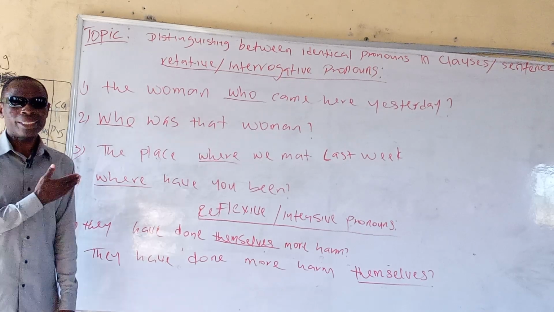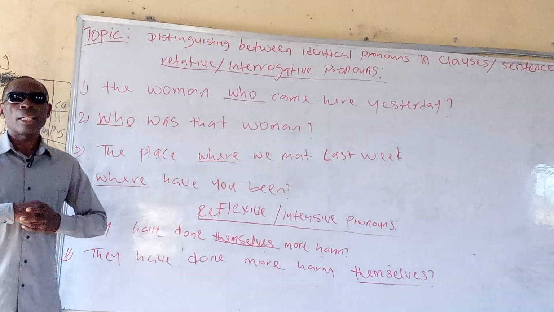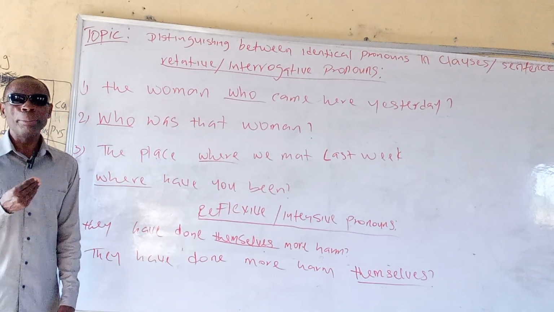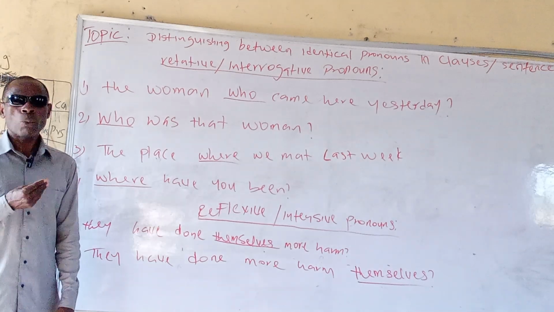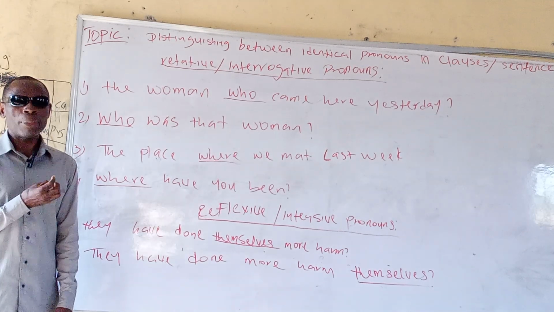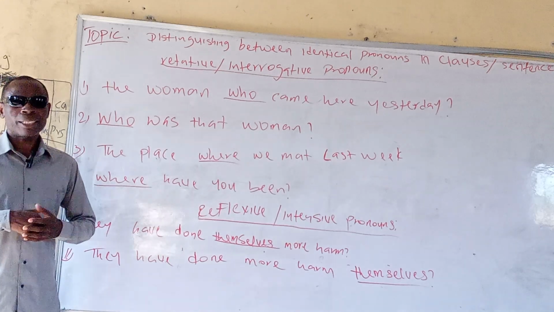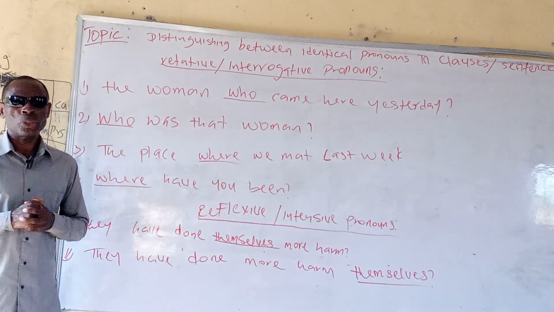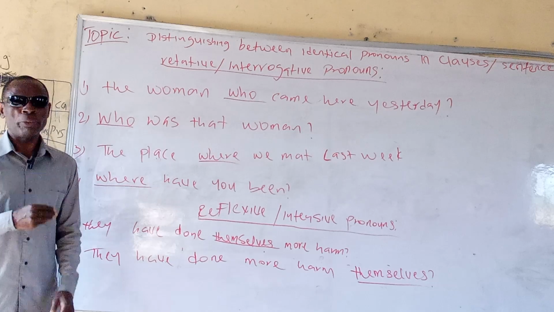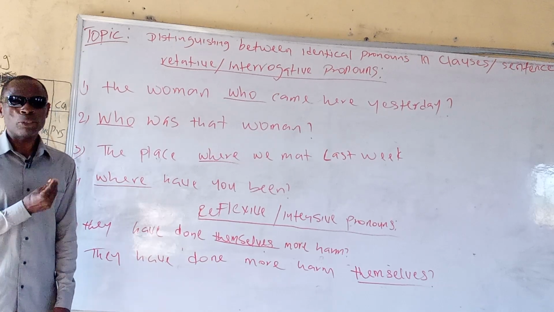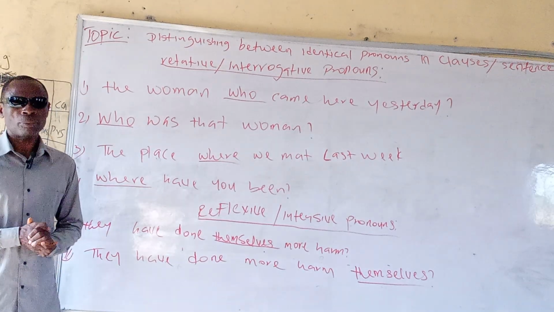Now to sentence 1 on the board. The woman who came here yesterday. What is the grammatical name of who here? We must ask some basic questions and provide answers to them before we can get the kind of pronoun who is here.